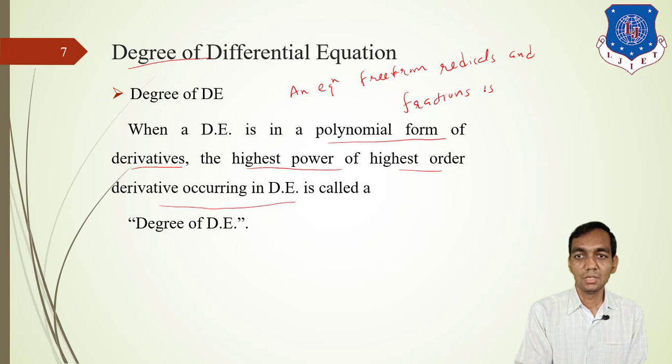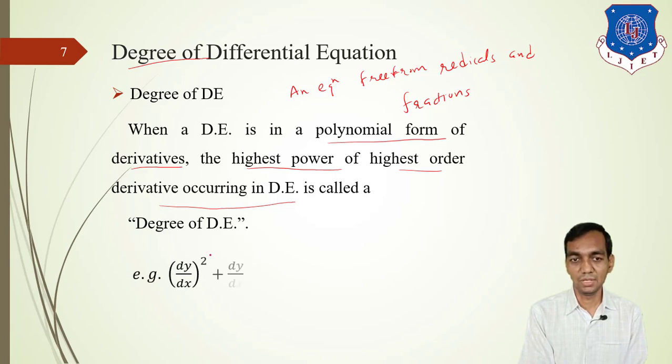If you have an equation which is free from radicals and fractions, then from whatever equation you have, you have to derive the highest power of the highest order derivative. See, first you have to check which is the highest order derivative, and from that you have to find out the highest degree of the highest order derivative.